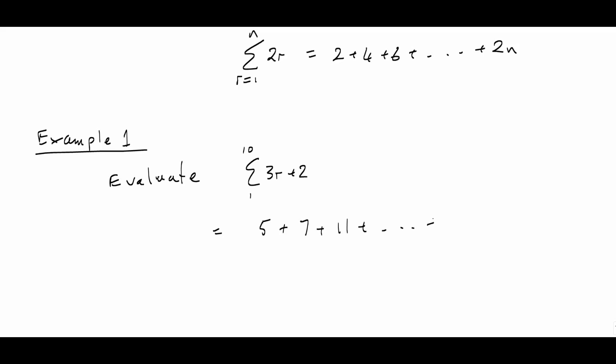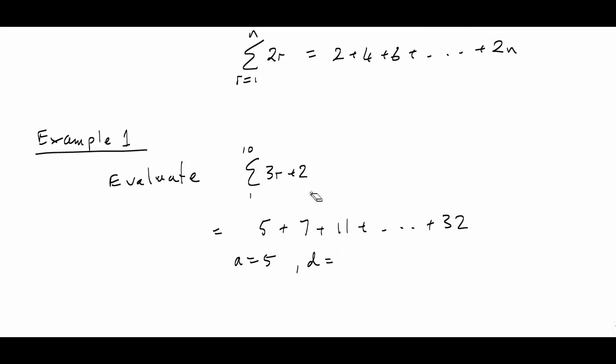And we continue until r is 10, which will be 30 plus 2, which is 32. We see we have an arithmetic series. The first term is 5, common difference is 2.